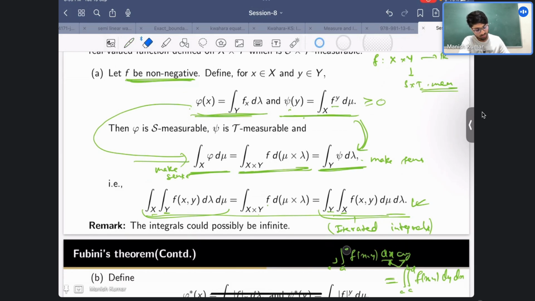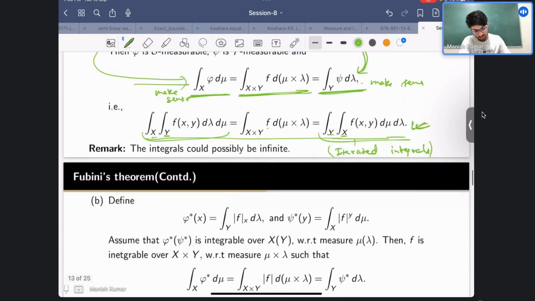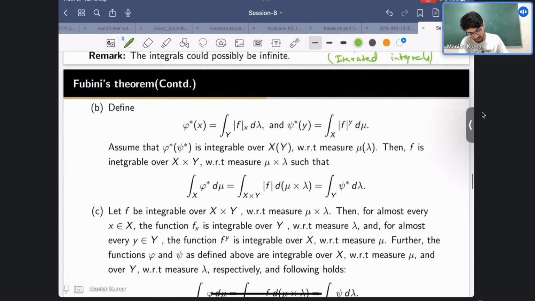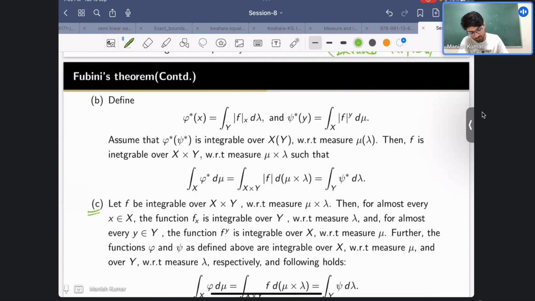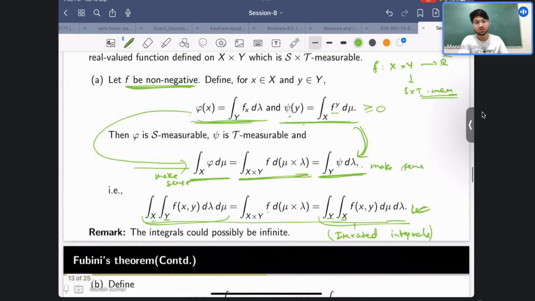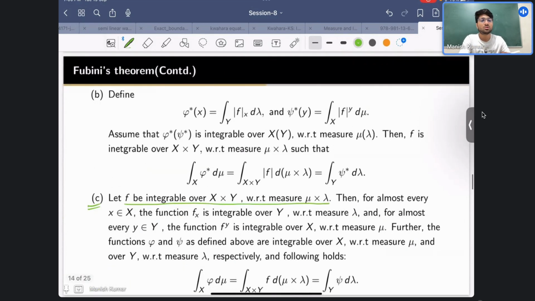So the main point you can remember from here is this identity, and when it will be true. In a similar way, let me first state this part c. It says that if you have an integrable function on X cross Y, then, whereas before you had this identity for non-negative functions, now we are going to a more general setup.